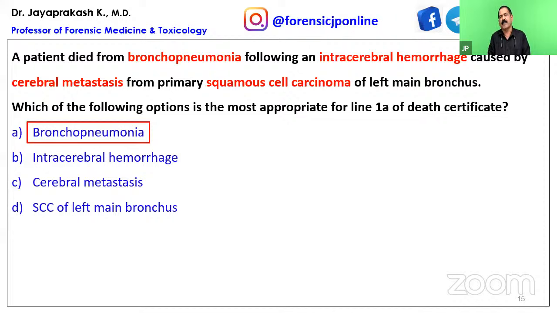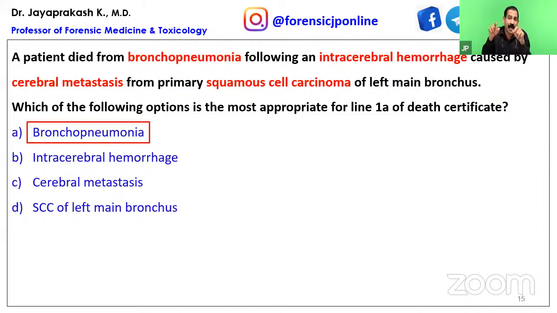See, I tell you, dear students, the person suffered from squamous cell carcinoma of lung. That has given rise to cerebral metastasis. Cerebral metastasis has given rise to a complication in the form of intracerebral hemorrhage. Whenever a person suffers from intracerebral hemorrhage, usually he becomes unconscious or comatose.